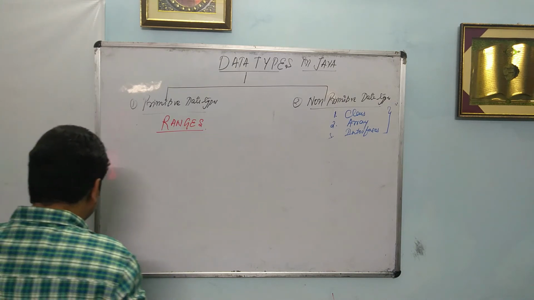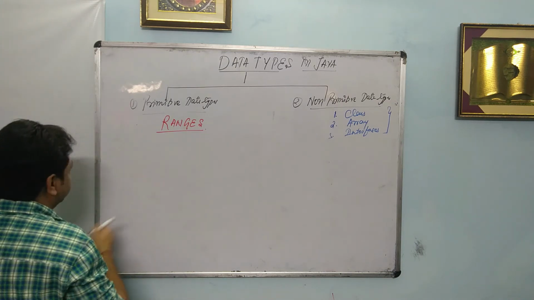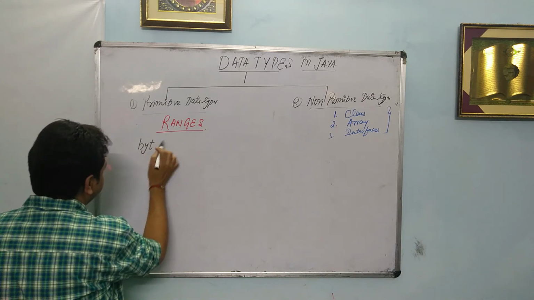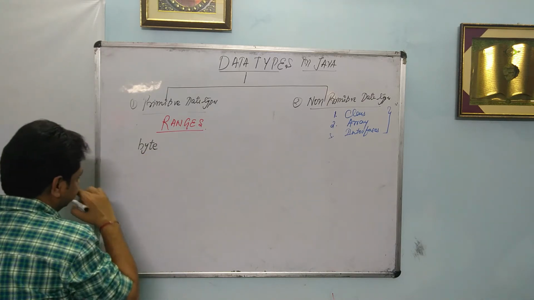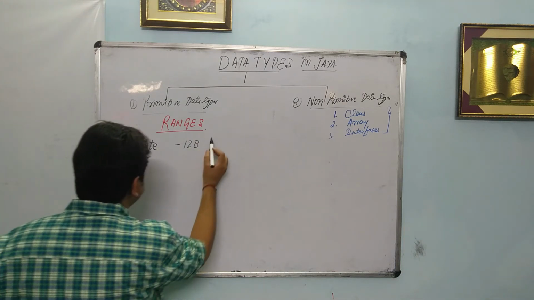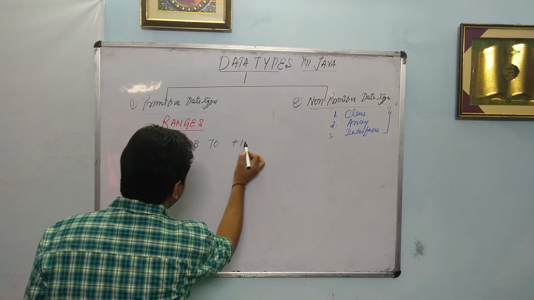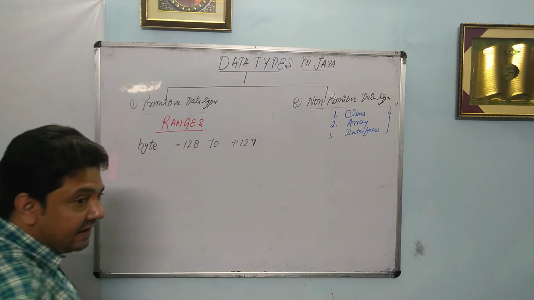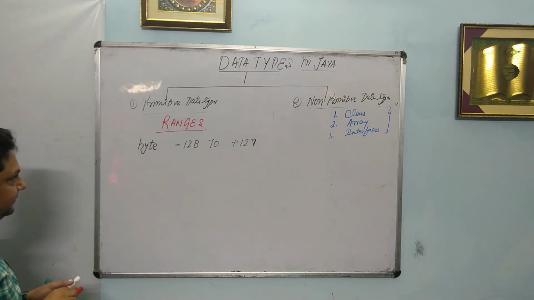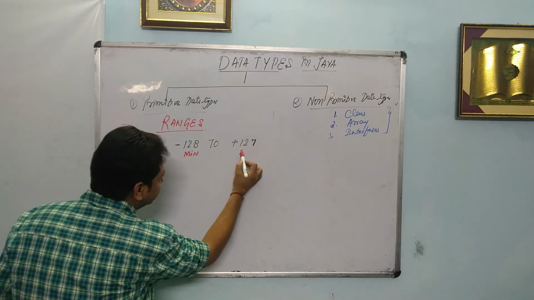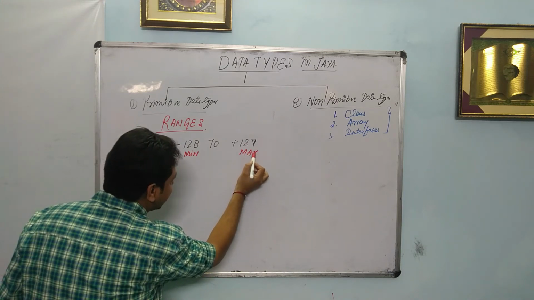Number one, byte. -128 to +127. This is the range of byte. This is minimum range. This is maximum range.